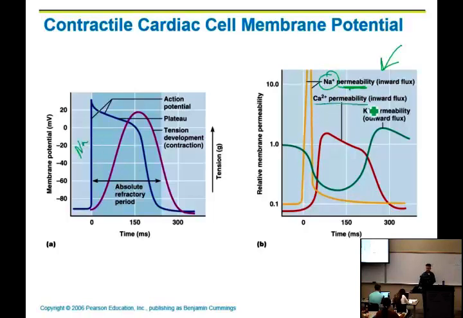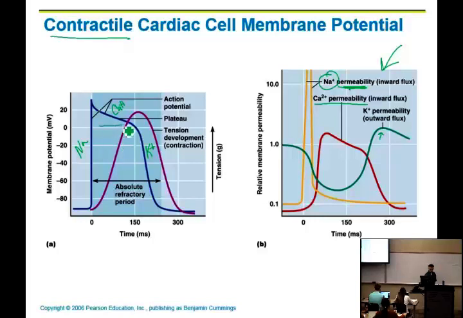How calcium permeability goes up and maintains that plateau like we mentioned. And then the potassium channels opening up later produces the repolarization that we see here. Okay, that's all that one on the right says there. But this is a change in the membrane potential for a contractile muscle cell.